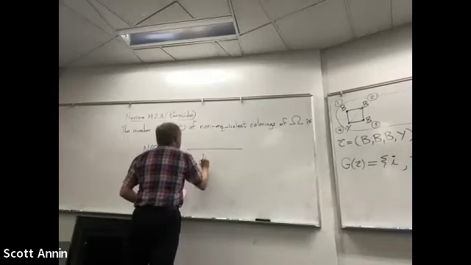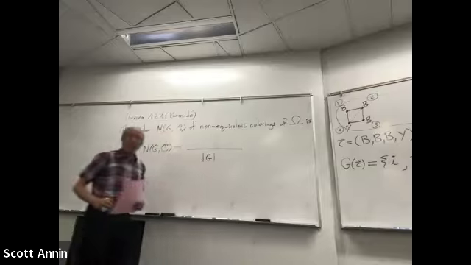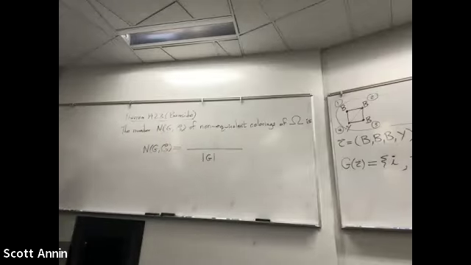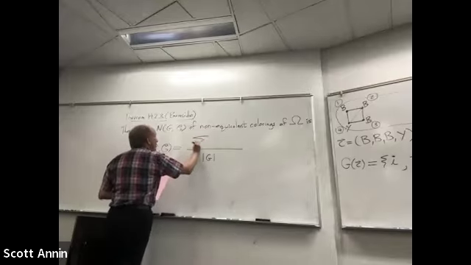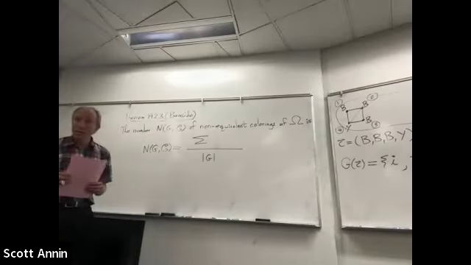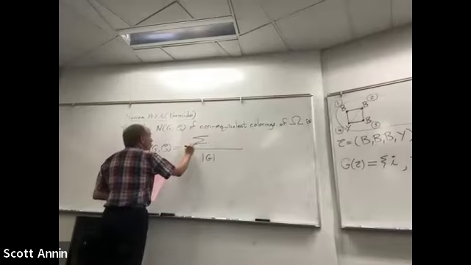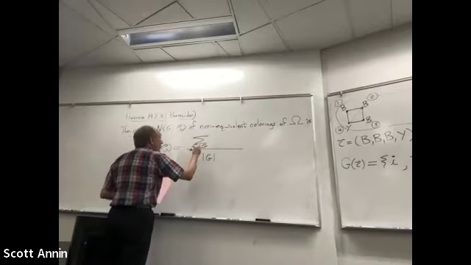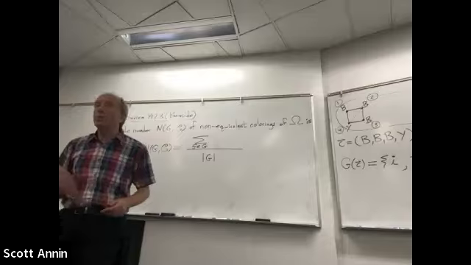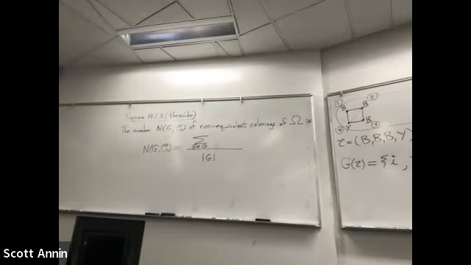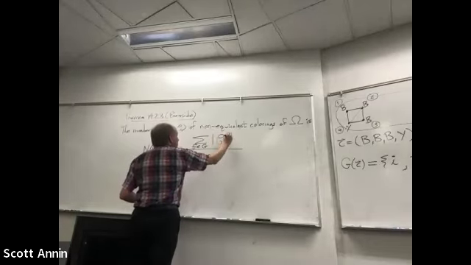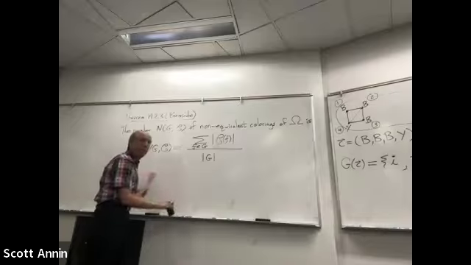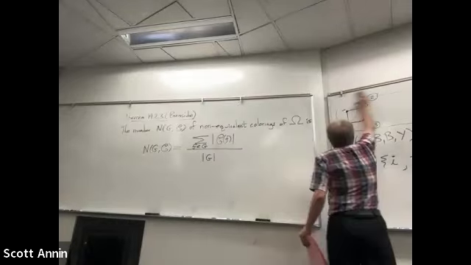We're going to divide, it's a big fraction. The bottom of it has the size of the group on it, okay? And in the numerator, we are going to do a summation over every element of the symmetry group. So the summation over every F in the group of the size of script C of F. That's the whole thing.